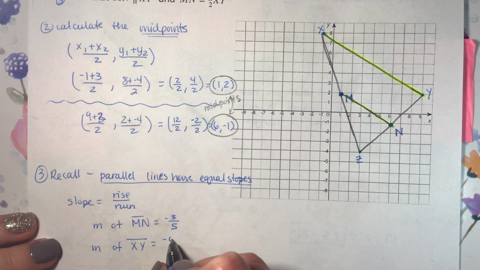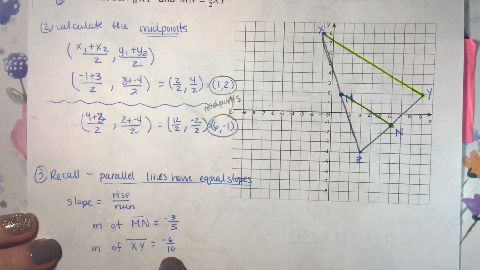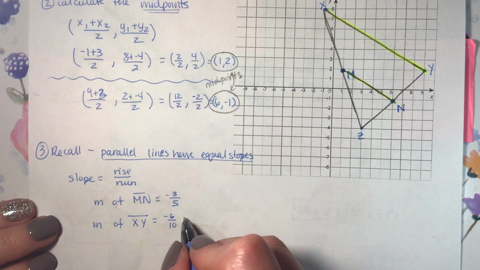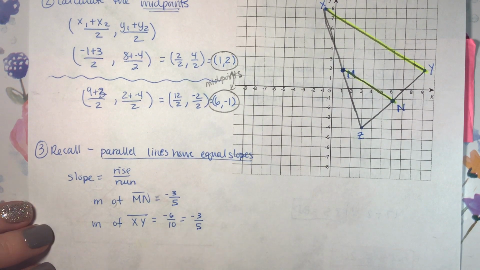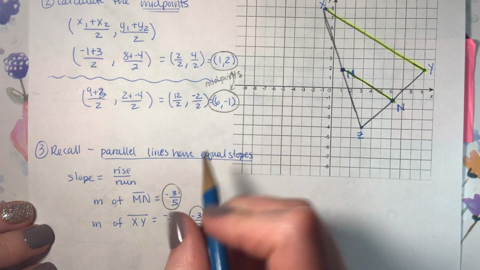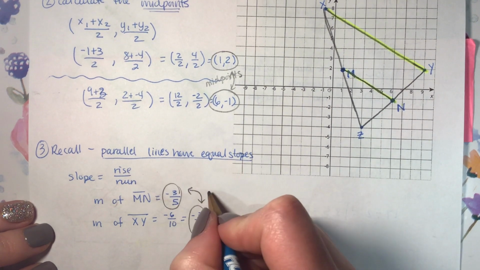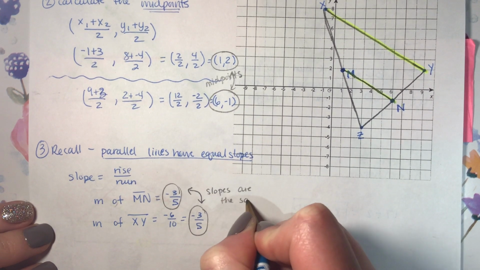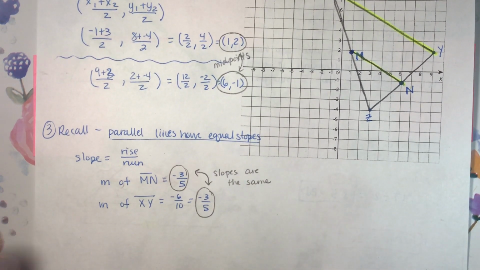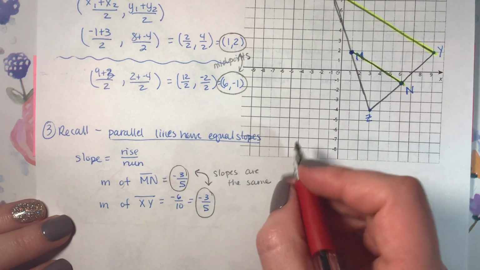So this has a slope of negative 6 over 10, but this does reduce by a factor of 2, so that's going to get me negative 3 over 5. Notice how the slopes are the same. All right, because the slopes are the same, the segments are parallel.